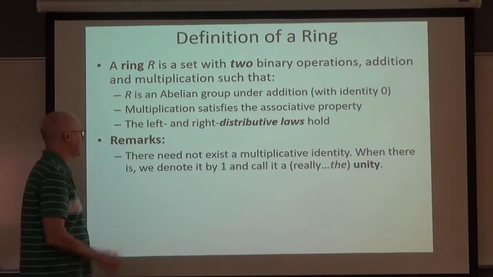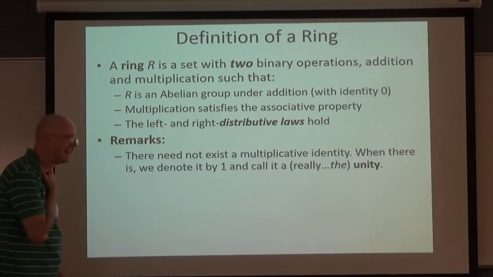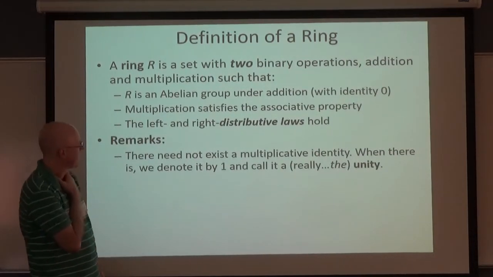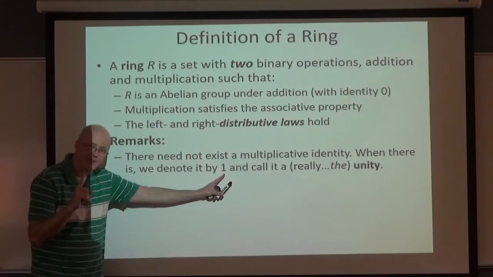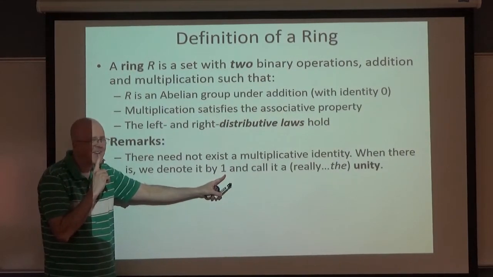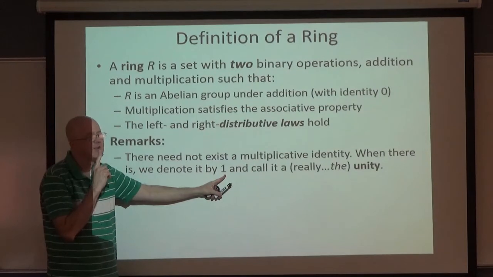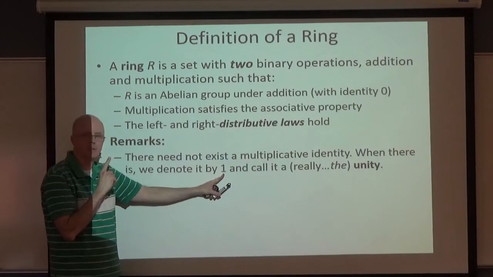When there is a multiplicative identity, we denote it by 1. Or maybe sometimes I, for like identity matrix, or maybe ID. Typically denoted by 1.